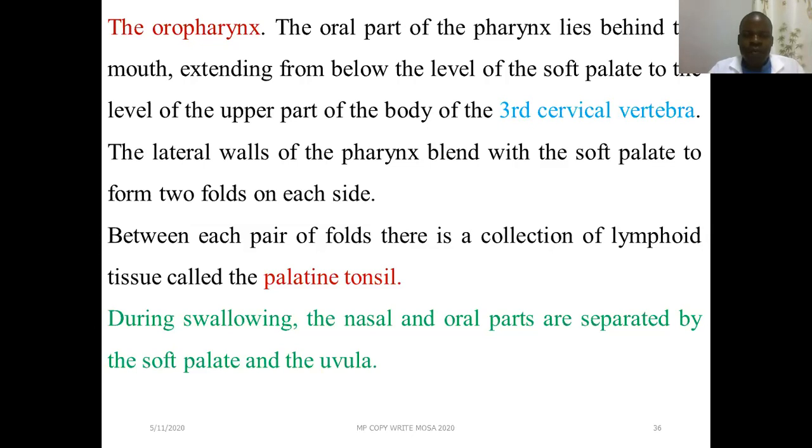So any infection that may be present in the oropharynx, the palatine tonsils will be affected, and the immune system can be stimulated to offer a defense mechanism. During swallowing, the nasopharynx and oropharynx are separated by the soft palate and the uvula. So these play a very important role when someone is swallowing.